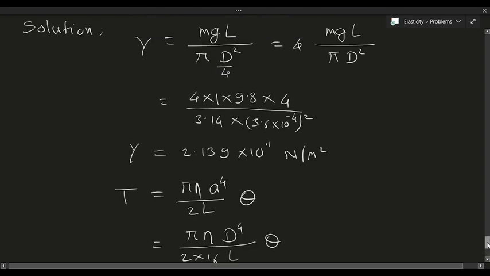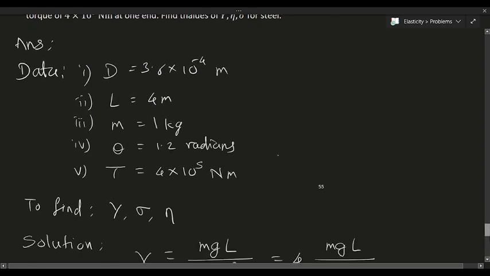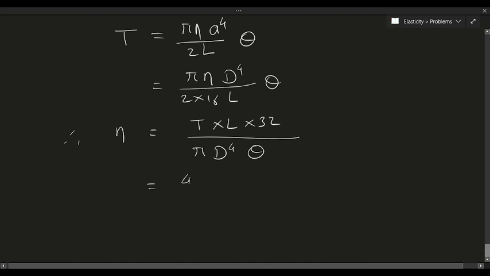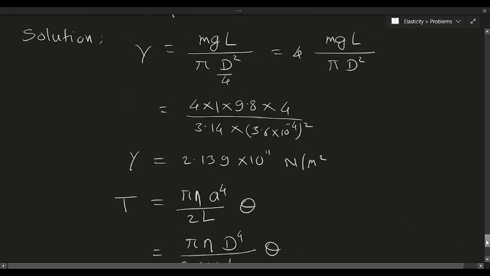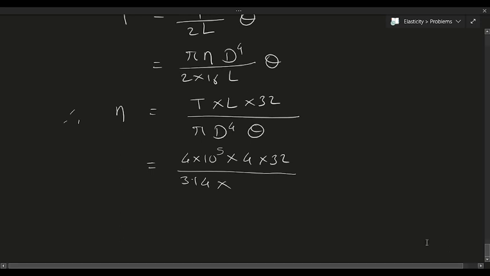Torque, the twisting torque, is 4 into 10 raised to 5. Then the original length is 4 multiplied by 32 divided by 3.14. Diameter is 3.6 into 10 raised to minus 4.